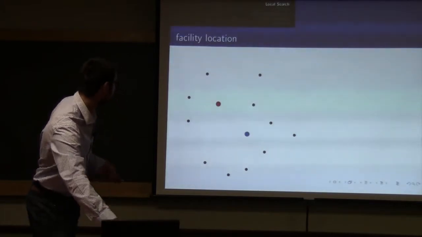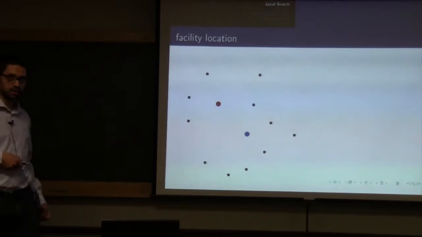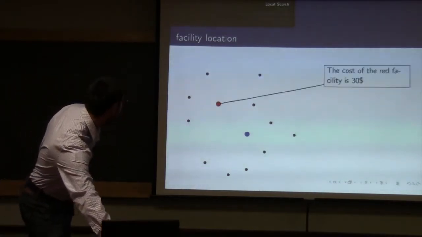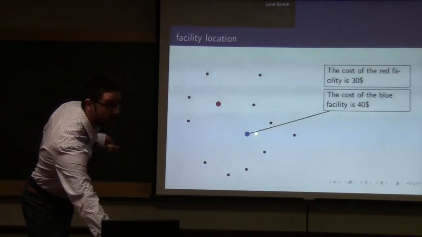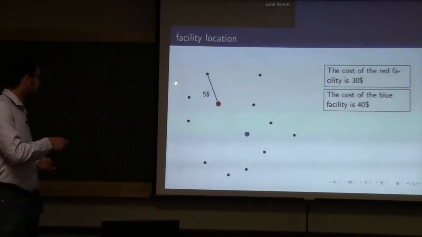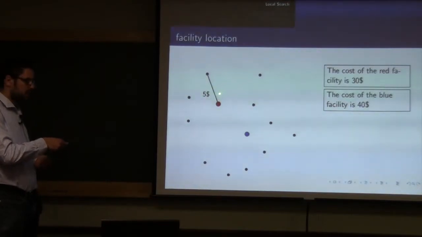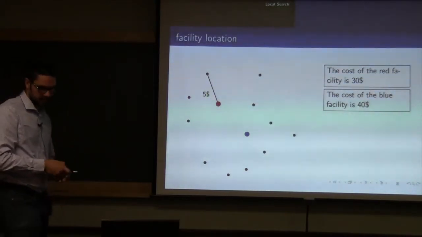So here we decided to build two facilities, the red one and the blue one. And the cost of the red one is $30, the cost of the blue one is $40. And now for each client, we connect this client to the closest facility, and this distance is measured, and here this distance is $5.